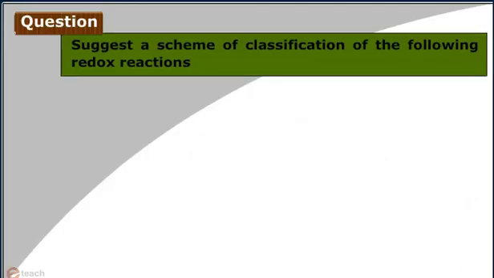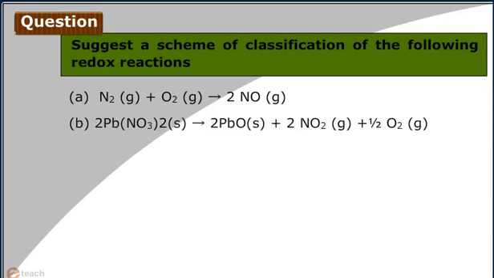Let us have a question. Suggest a scheme of classification of the following redox reactions. A. N2 gas plus O2 gas gives 2 NO gas. B. 2 Pb(NO3)2 solid gives 2 PbO solid plus 4 NO2 gas plus O2 gas.